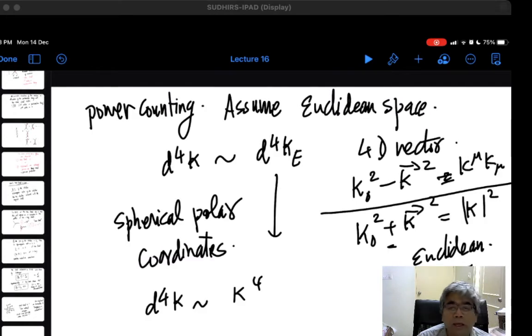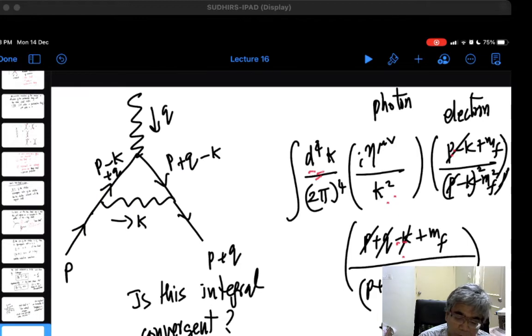what we have is d power 4 k, and the denominator goes as k square, k square, k square, so k power 6.